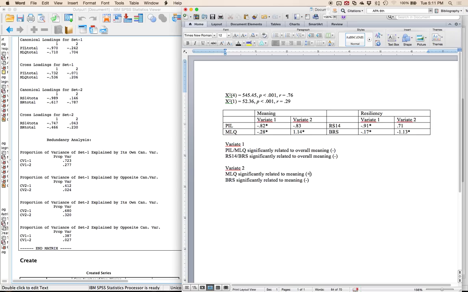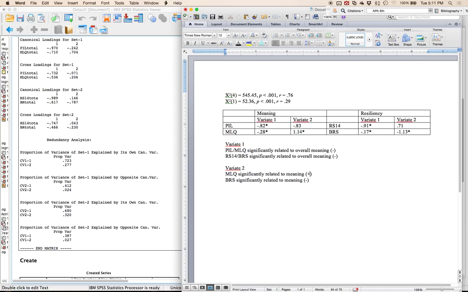Okay. So stronger MLQ scores are related to lower resiliency scores, which doesn't totally make sense until you think about the fact that the MLQ is actually made up of a search for meaning.